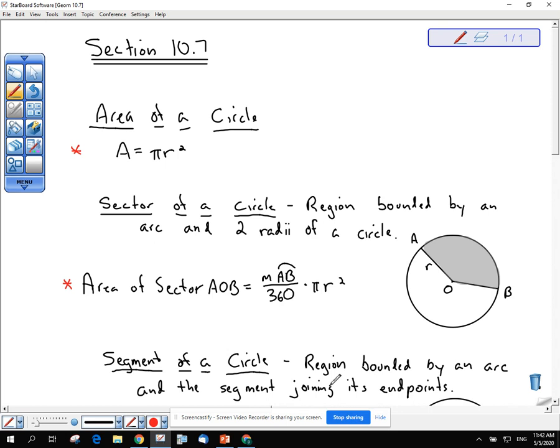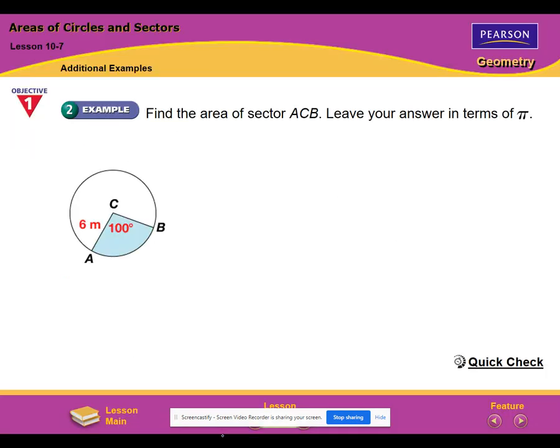So again, what does that look like as an example? Well, here we have the measure of an interior angle. That's actually called a central angle. That is 100 degrees. That would mean that the measure of this arc is also 100 degrees. And that means that the area of that shaded region, what they have called sector ACB, would be the measure of arc AB out of 360 times pi r squared, where the r is 6 meters.